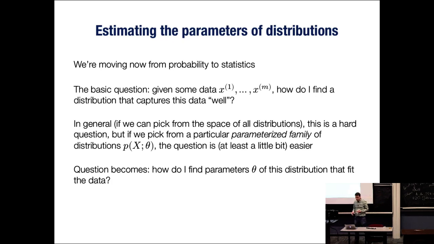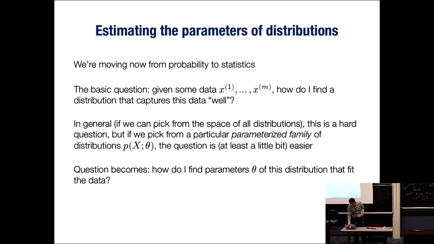But the question becomes much easier if I talk about it in a more restricted sense and say, if I have some parameterized family of distributions, say the Gaussian distribution or the Bernoulli distribution, how do I pick the parameters that make that distribution fit the data the best.